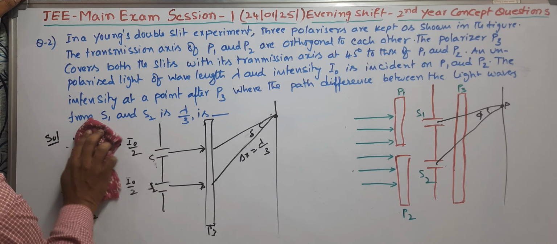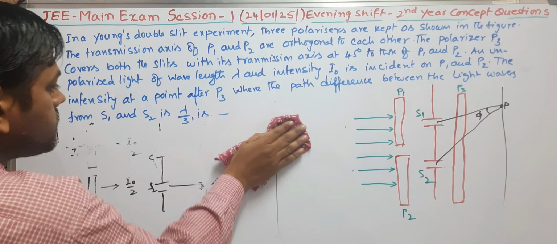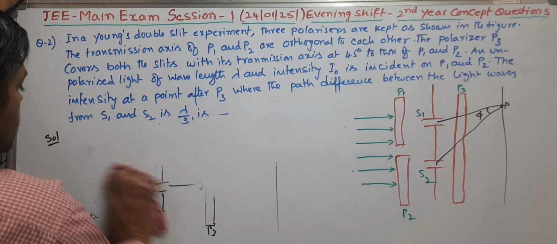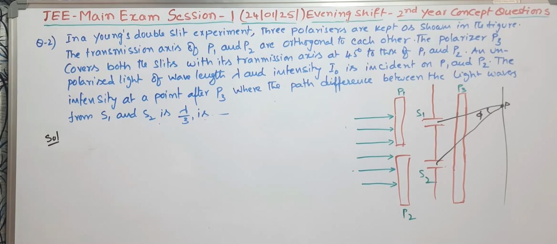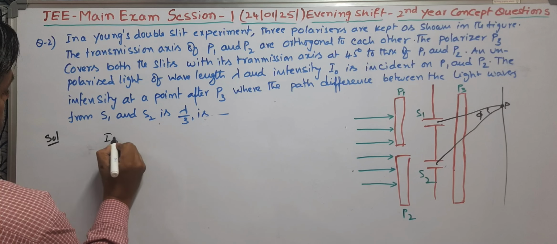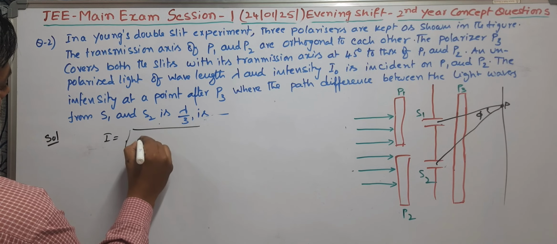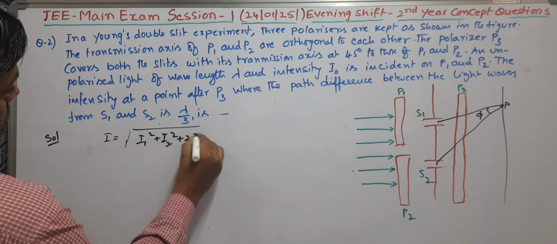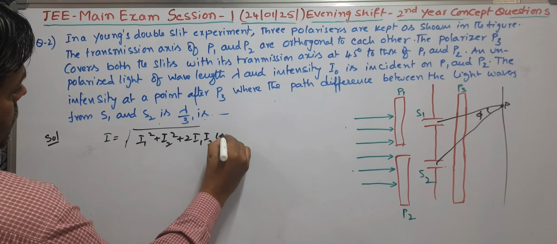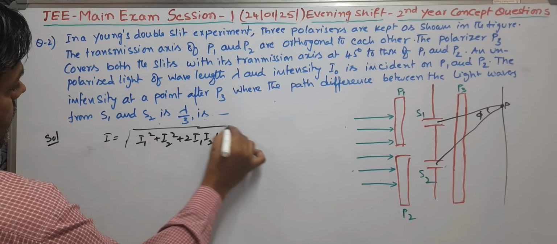To find that, we can do it this way. The resultant intensity in an interference pattern is I equals I1 plus I2 plus 2 root I1 I2 cos phi, isn't it?